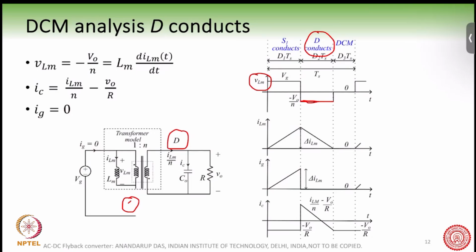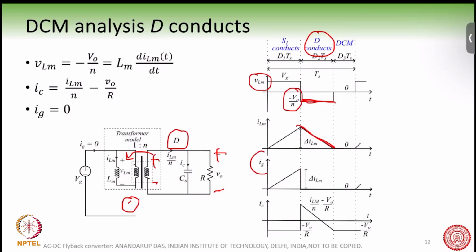Because as soon as the diode conducts, and if there is no voltage drop across the diode, this voltage V0 comes on the secondary here, and then it gets reflected here by the transformer turns ratio factor, minus V0 by N. So this voltage will come on the VLM, and therefore, being a negative voltage, the inductor current ILM will fall.